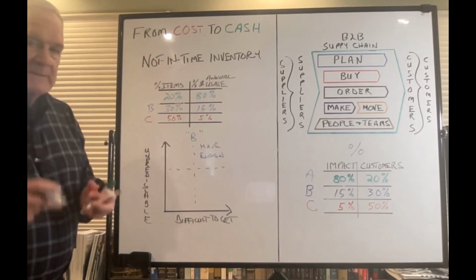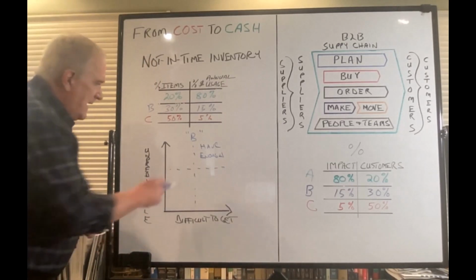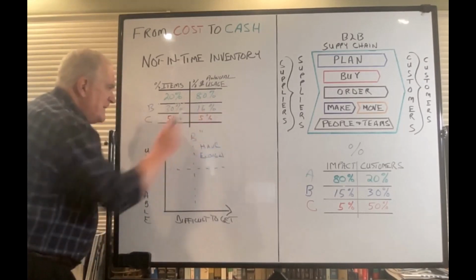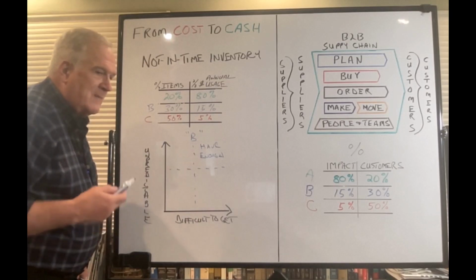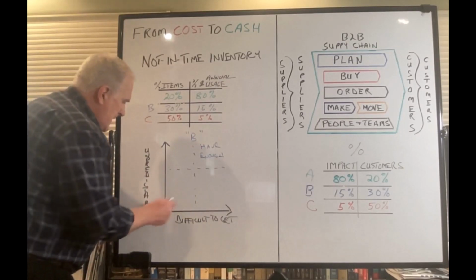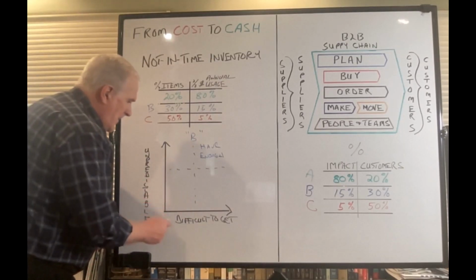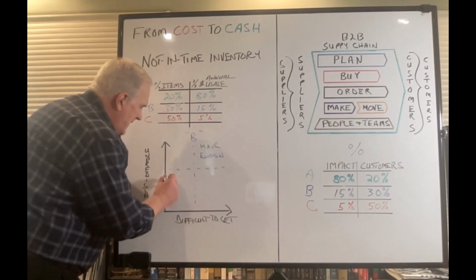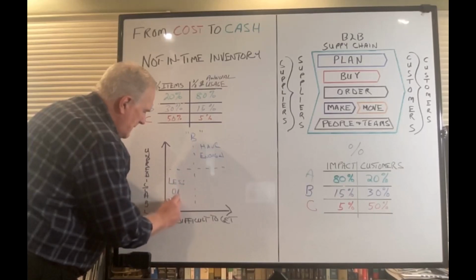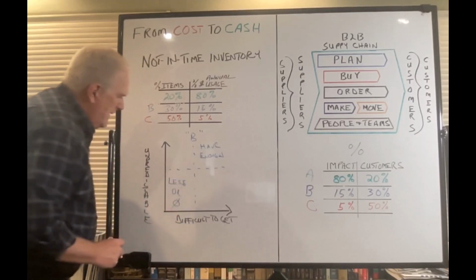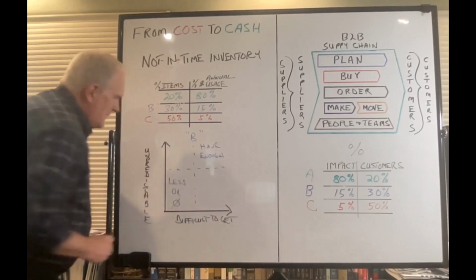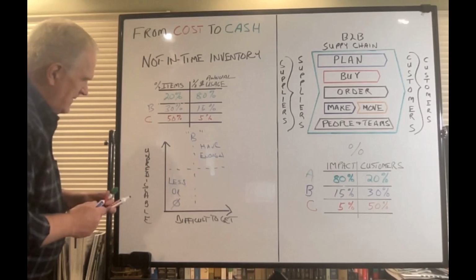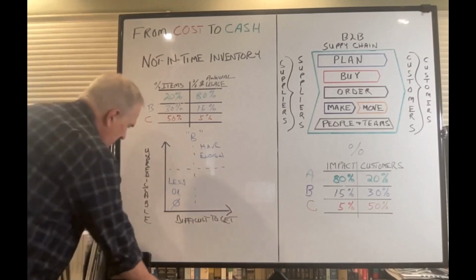C items, maybe 6 months up to a year, because we want to have plenty there. Again, it's only 15% of the annual dollar usage here, but it's going to cost us a lot more if we don't have it when we need it. And once again, if it's predictable and pretty easy to get, you have less inventory or zero. That takes care of it for the B items.